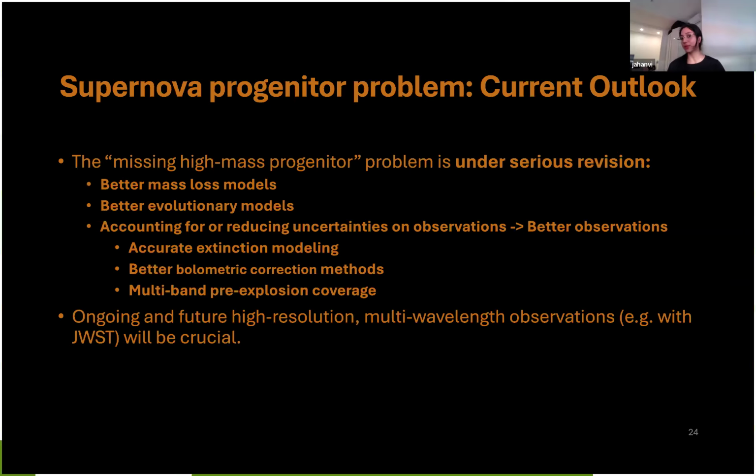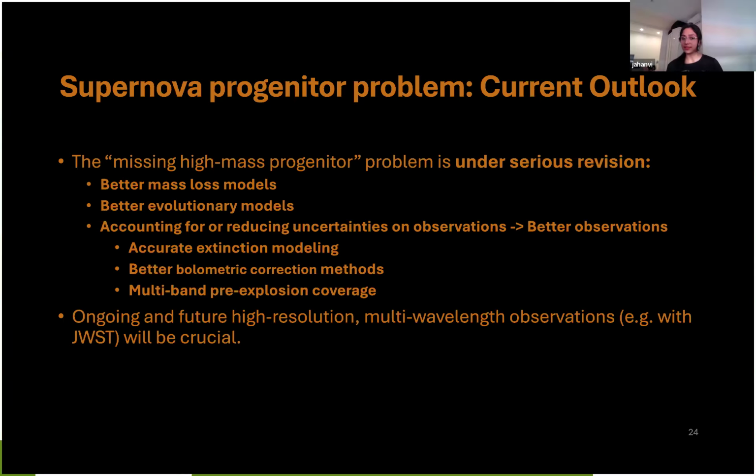That being said, this problem is still under revision. We definitely need better mass loss models. We definitely need better evolutionary models. We need better observations for sure. And depending on that, maybe our uncertainties will not increase, but decrease. It all depends.